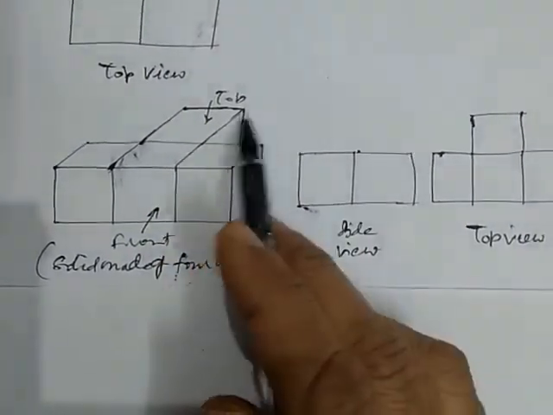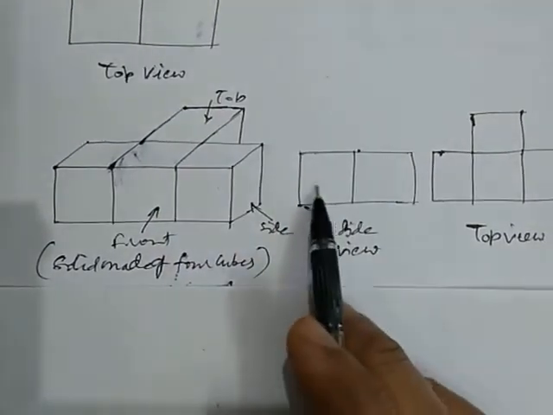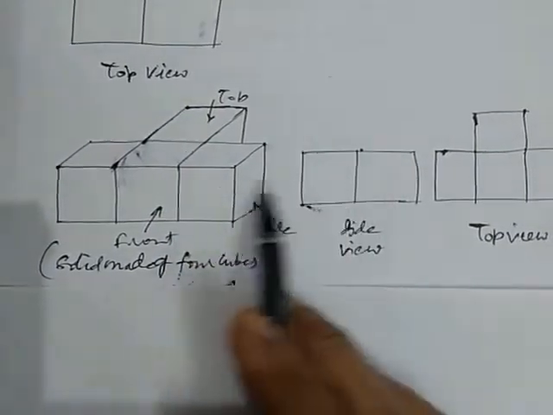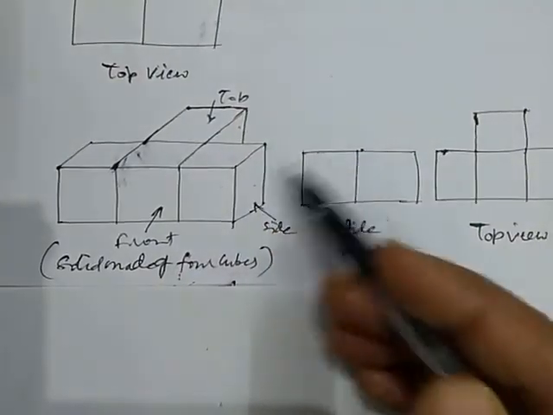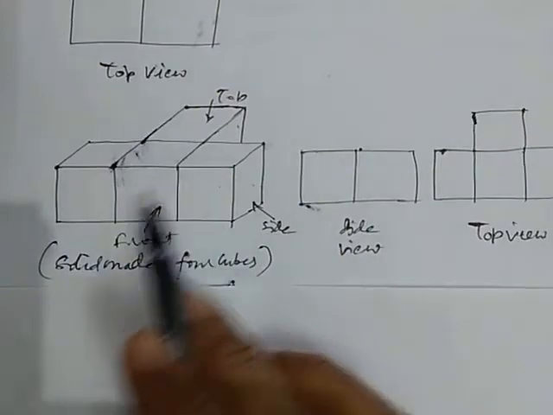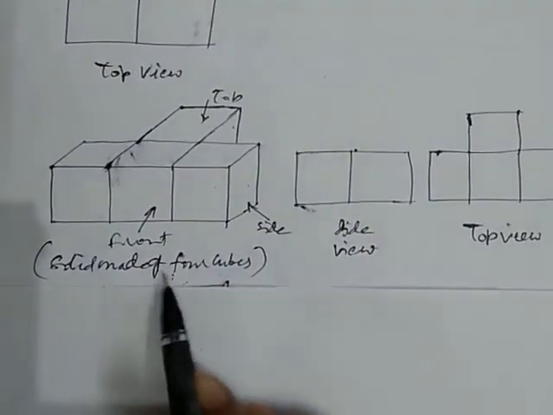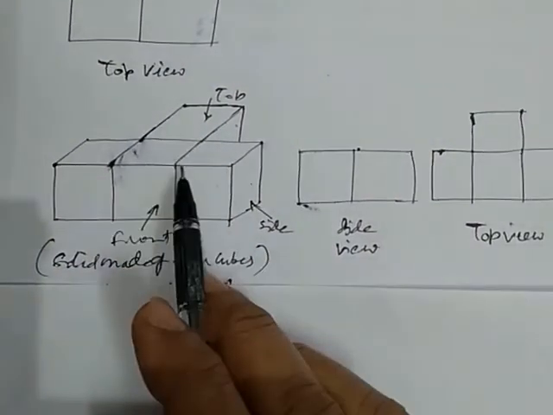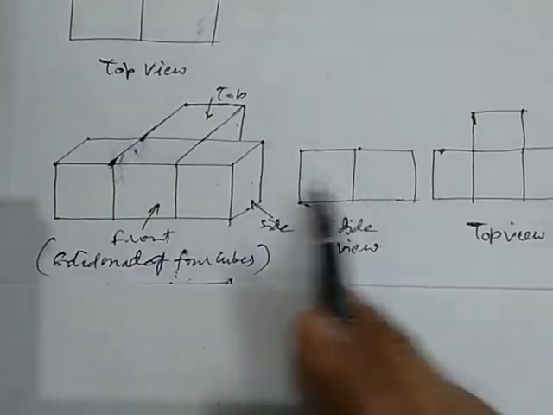Only the edges of these cubes are viewed. This is the side view. If we look from this side, this and this face are visible. So this is the side view of this setup, a solid made of 4 cubes. These 4 cubes are set here, and this is the side view of this.